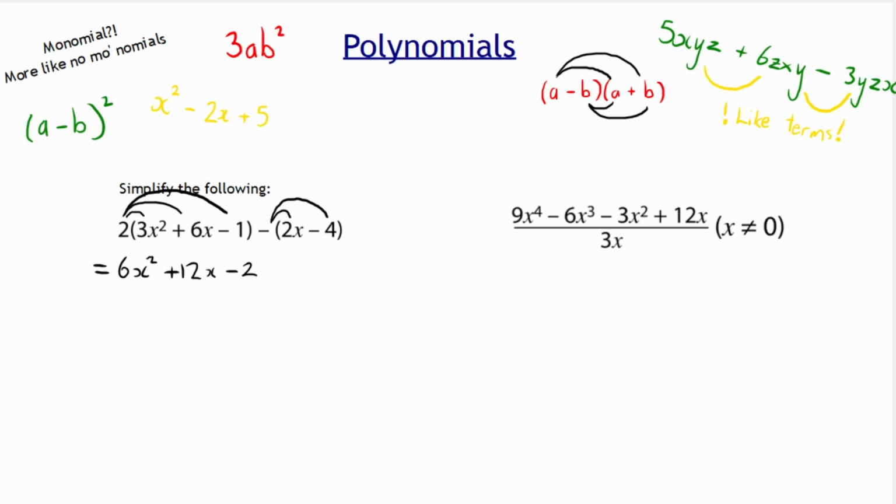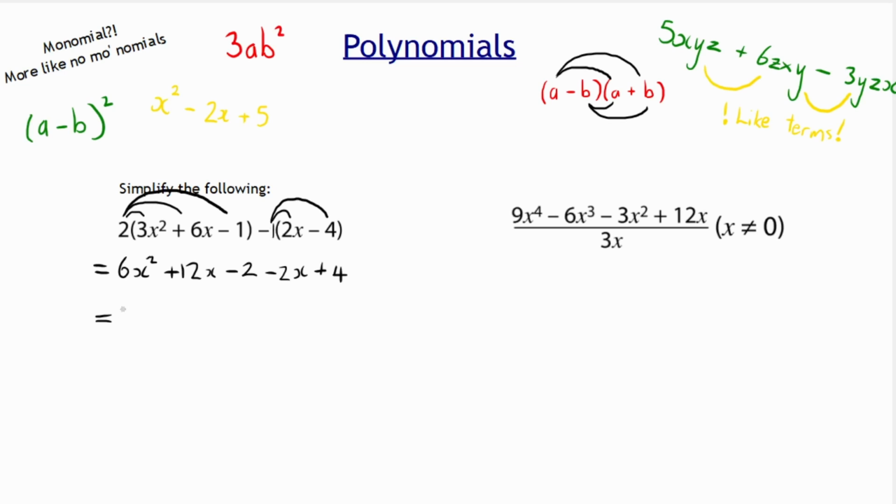Now remember, if there is no coefficient, we can say that there is a coefficient of 1. And so negative 1 multiplied by 2x is negative 2x. Negative 1 multiplied by negative 4 is positive 4. Please watch out to not just drop the brackets because there is no coefficient. There is always a coefficient of 1.